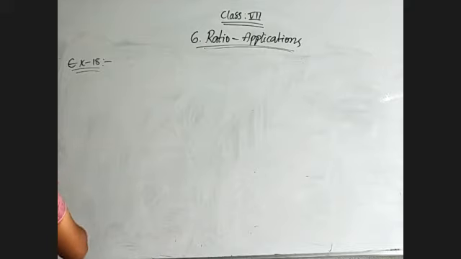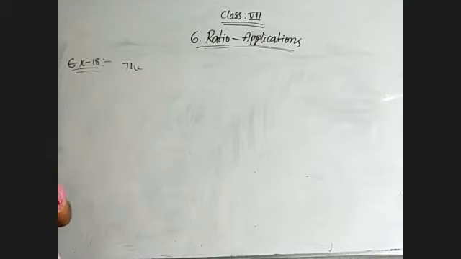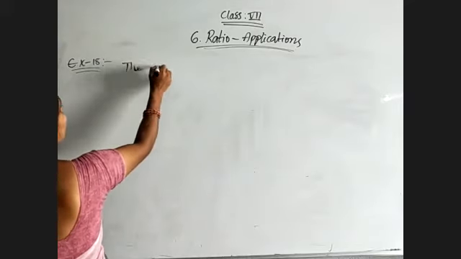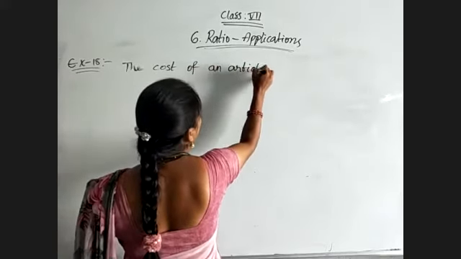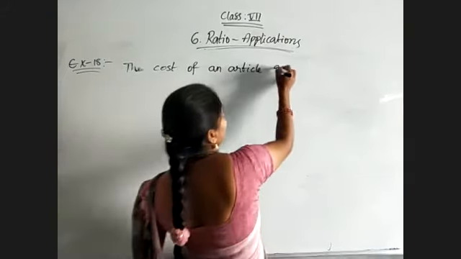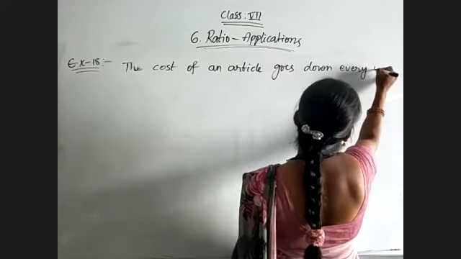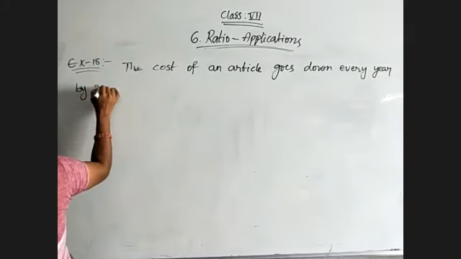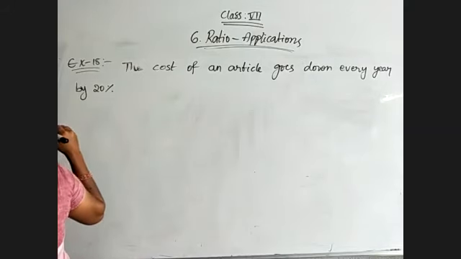Here they have mentioned that the cost of an article goes down every year by 20% of its previous value.